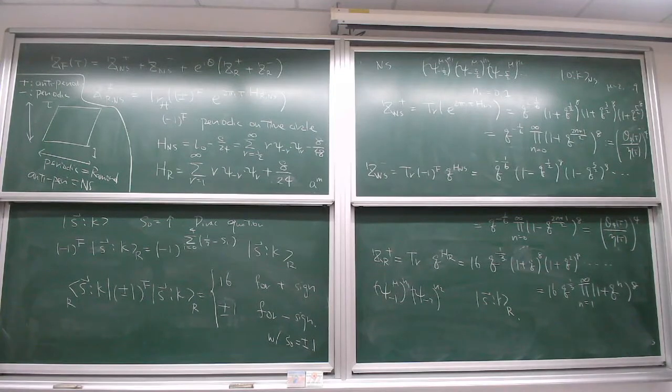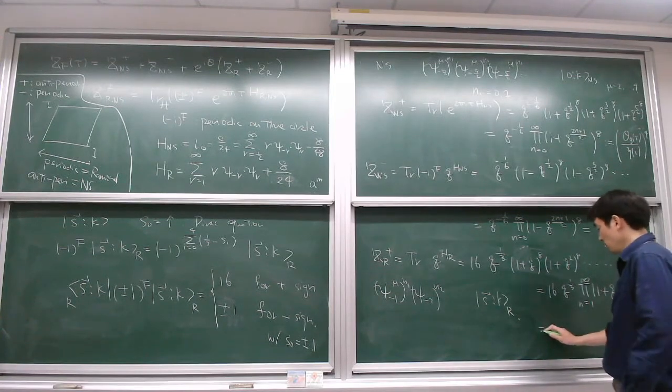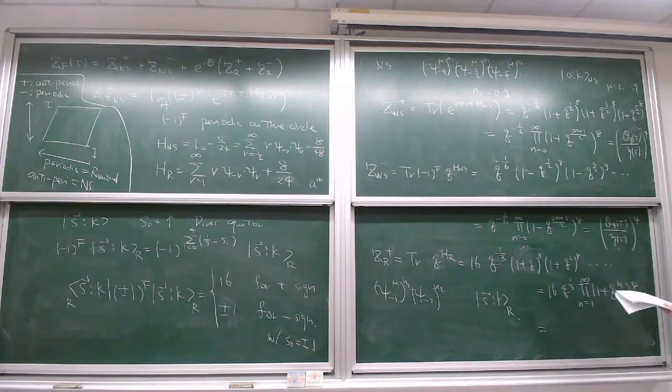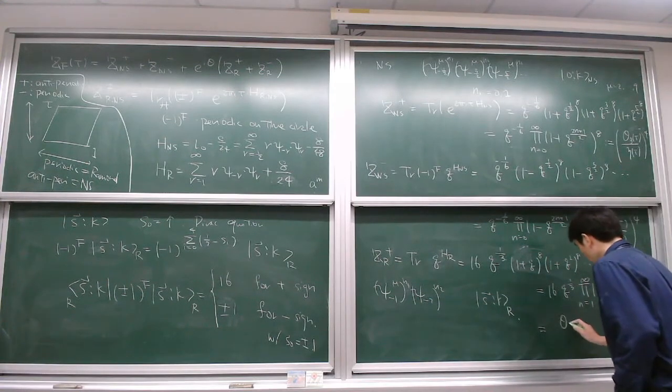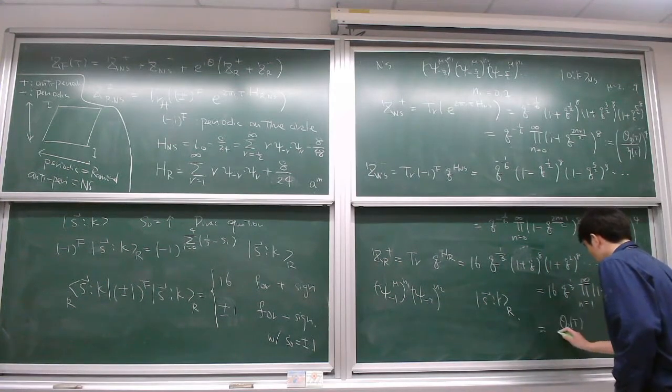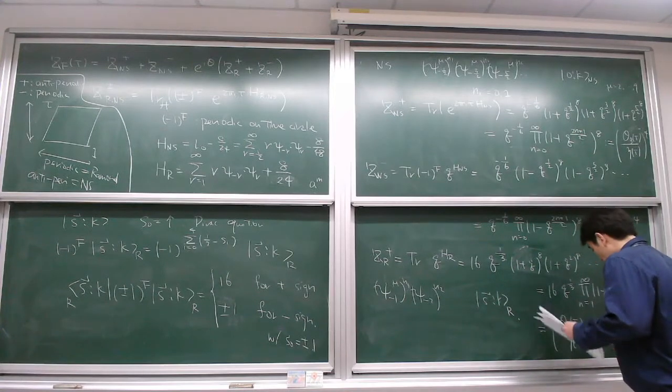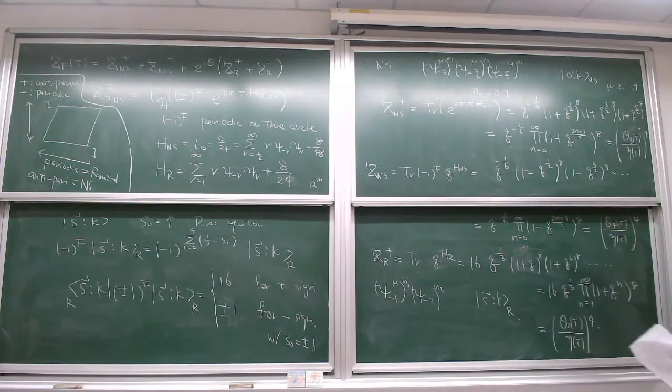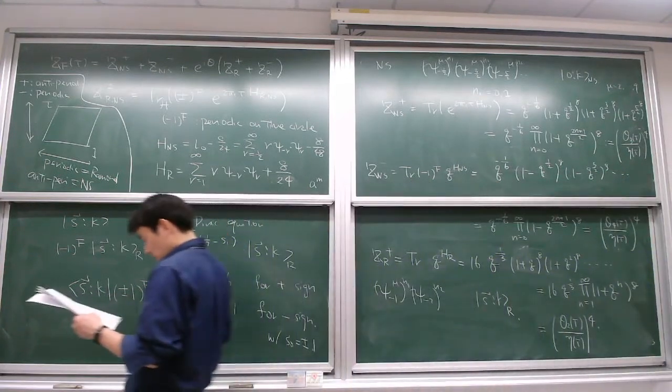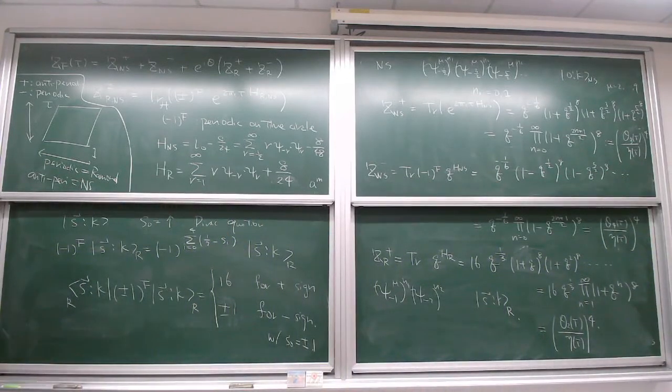And this one has to be equal to, so Jacobi called this one theta 2 of tau over eta of tau to the 4th. Okay, and then next, to be honest, I don't understand why you get 0.